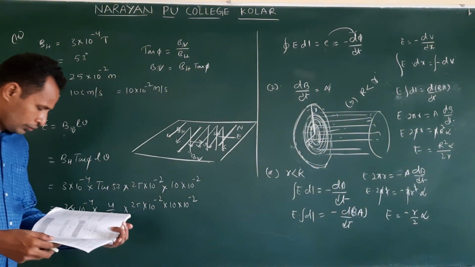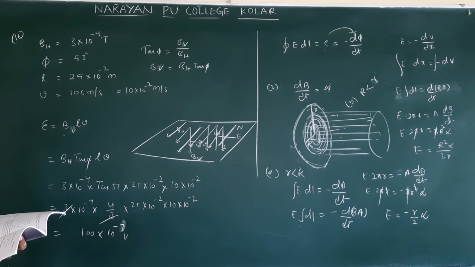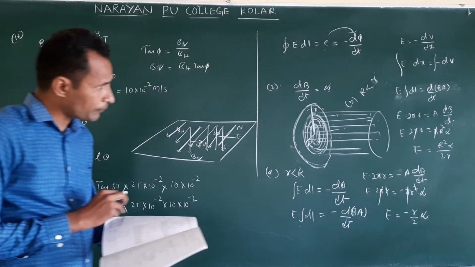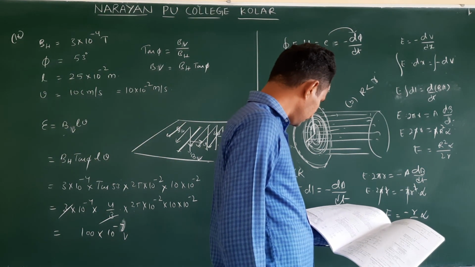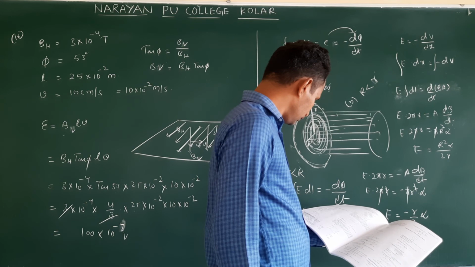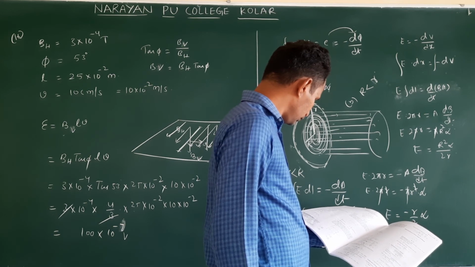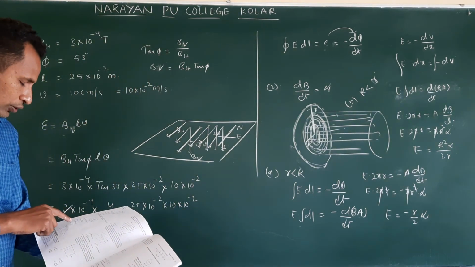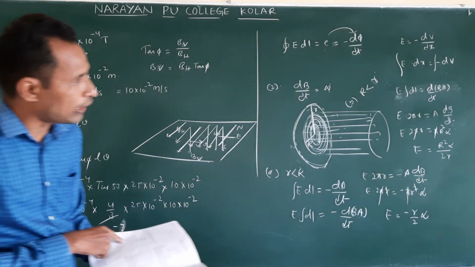What did we get? R alpha by... See here, they mentioned E is equal to alpha R square by 2R.